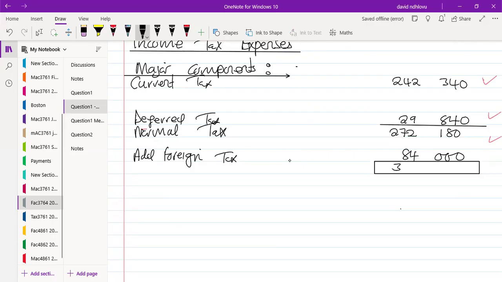Right, so if you go to the statement of profit and loss, under other income, this is the amount that you are going to disclose there as your income tax expense for the year. Right, any questions, good people? Are we clear? Right, are we on the same page?